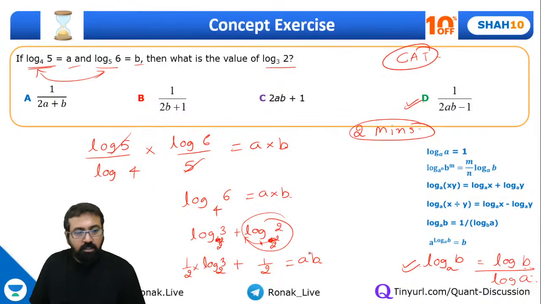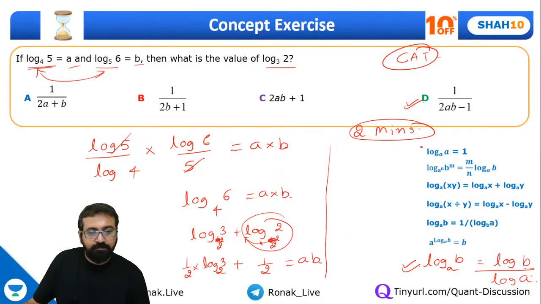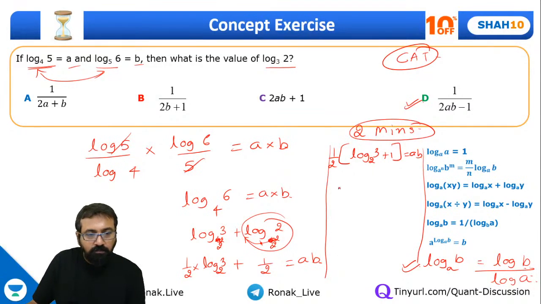Yes, everyone. So now solve this further. So we will take 1 by 2 as a common factor. I'll be left with log of 3 with base 2 plus 1 is equal to AB. Or I can say log of 3 with base 2 is equal to 2AB minus 1.